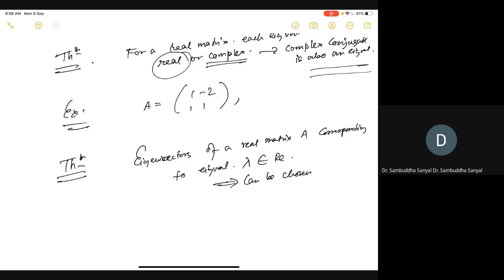You can always multiply with some factor and it will become something else. So the correct phrase is that it can be chosen to be real. Similarly, you can show that for a complex eigenvalue lambda, lambda star must also be an eigenvalue, and the corresponding vectors can be constructed as x and x star. Very simple. This is the second part of that theorem.